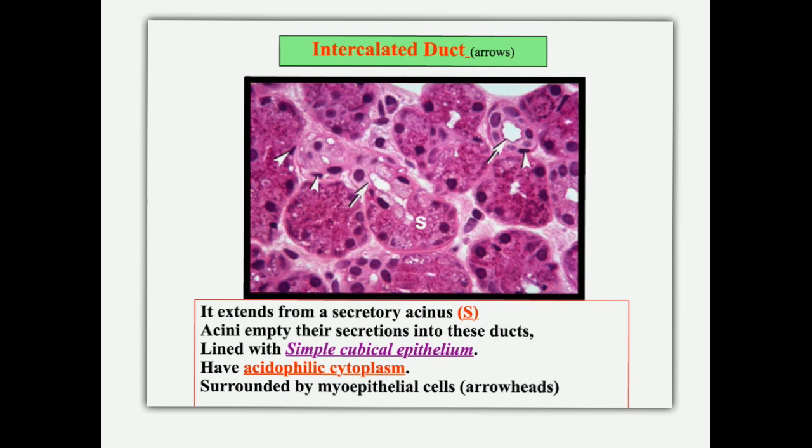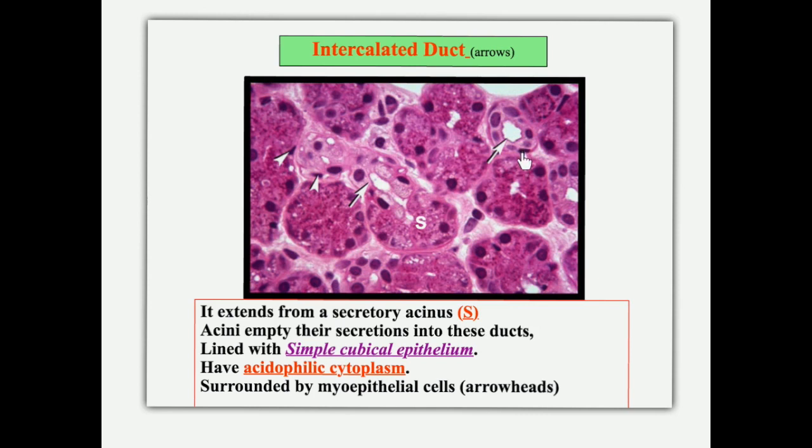It has acidophilic cytoplasm, and don't forget they have myoepithelial cells, these flattened or oval nuclei of the myoepithelial cells, whose contraction will help the evacuation of the contents of the serous acinus as well as the intercalated duct to higher ducts.